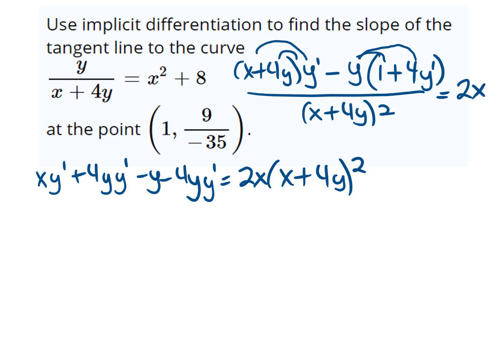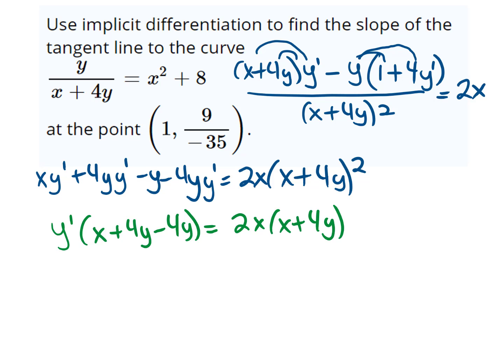All right, we're going to factor the y prime out in front of all of the y prime terms. That will leave us an x plus a 4y minus a 4y. And then we're still going to have this 2x times (x plus 4y) squared. And this term that didn't have a y prime in it, I'm moving over, so that becomes a plus y.